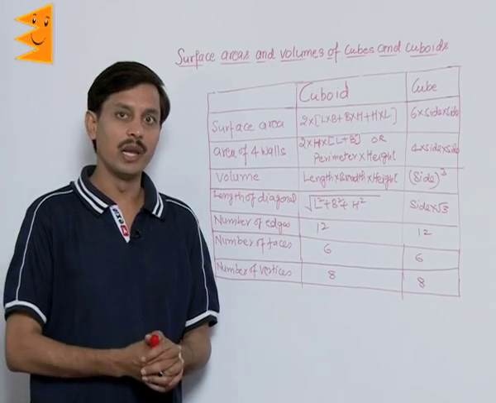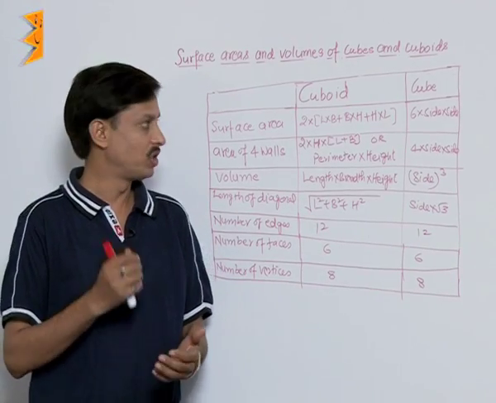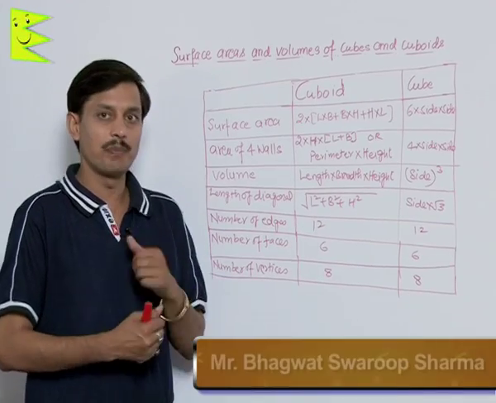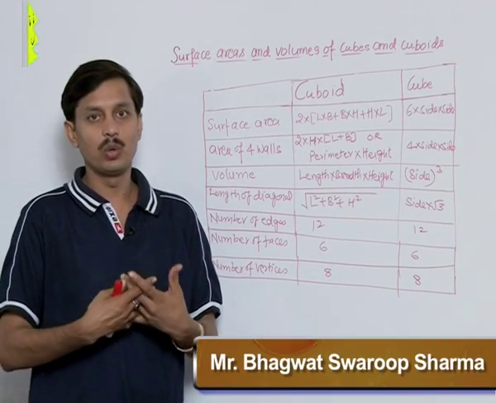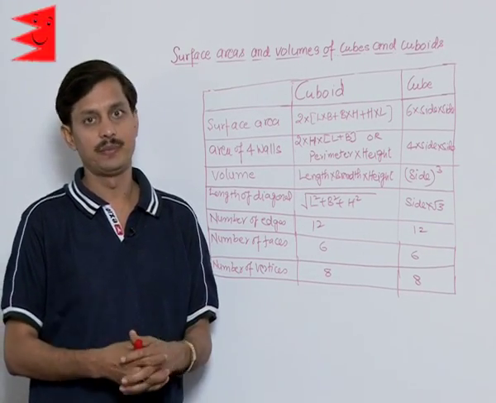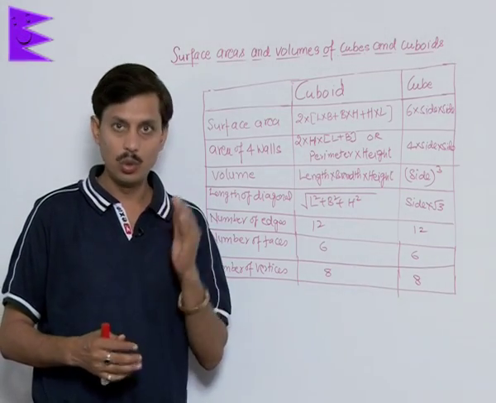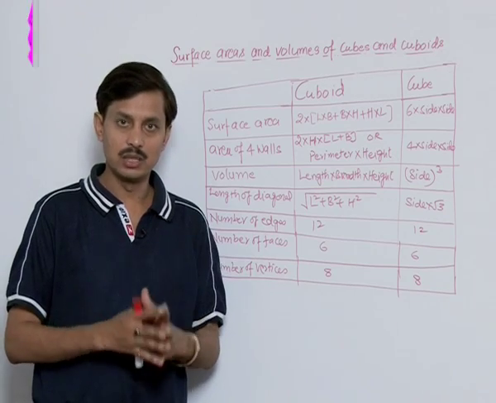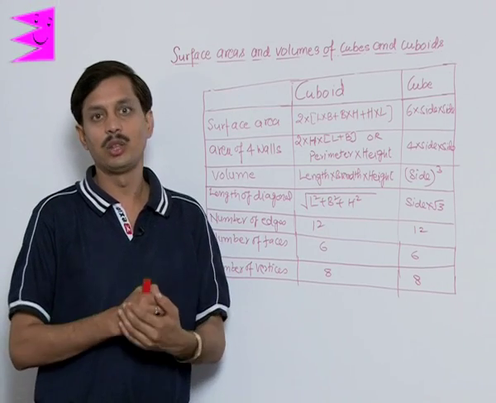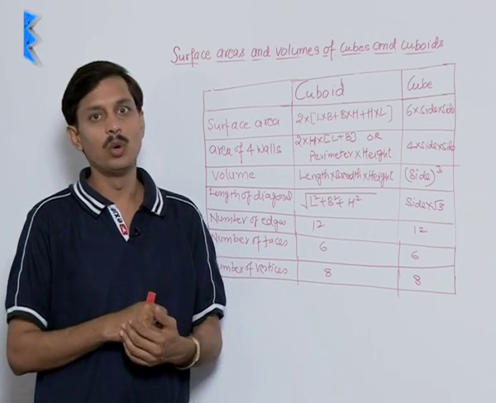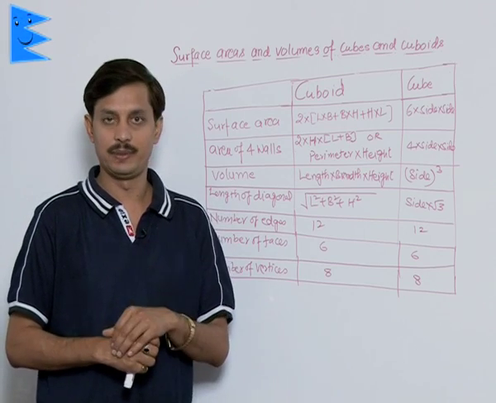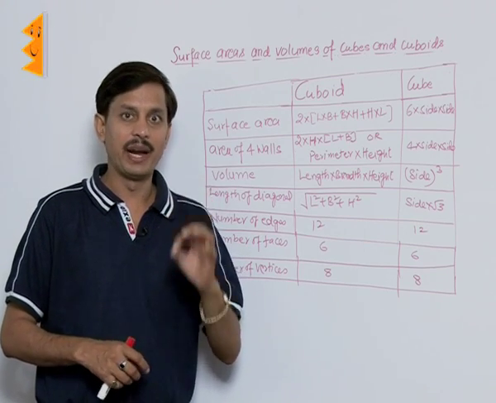Now I want to tell you the results required for solving problems related to cube and cuboid. We need 3 things to calculate the surface area, the length of the diagonal, and the volume of a cube and cuboid: length, breadth and height.